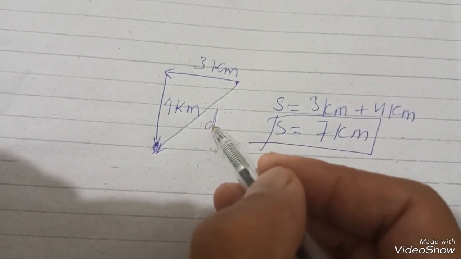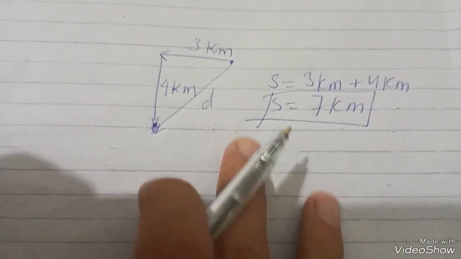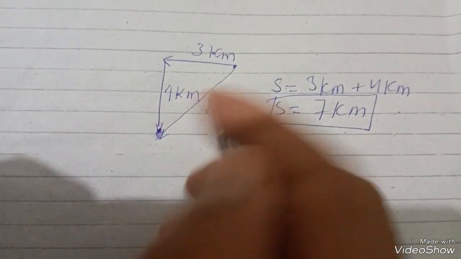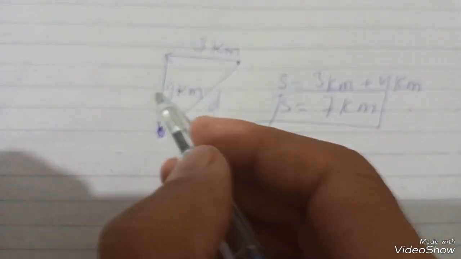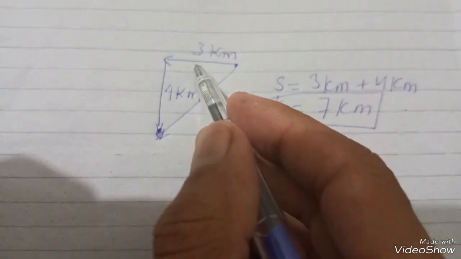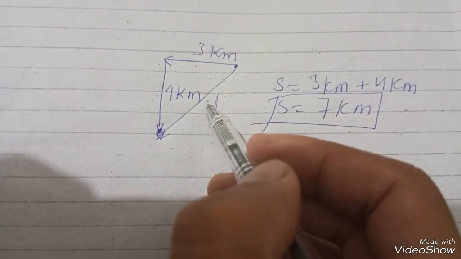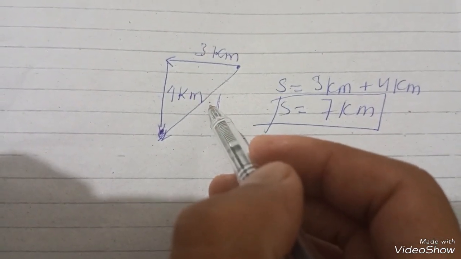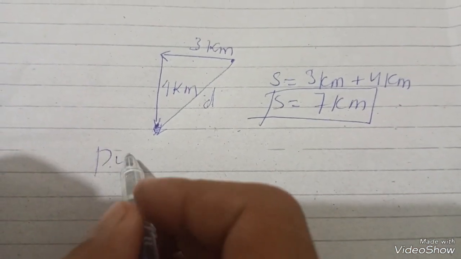To calculate d, the displacement, we use the Pythagoras theorem, because it is a right angle triangle. To find one side of a right angle triangle, we use the Pythagoras theorem.